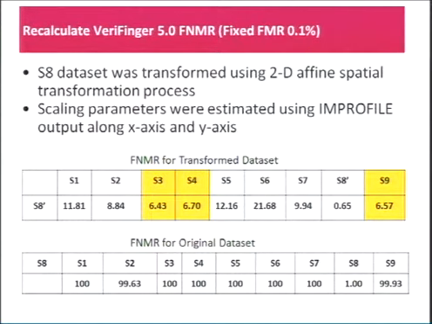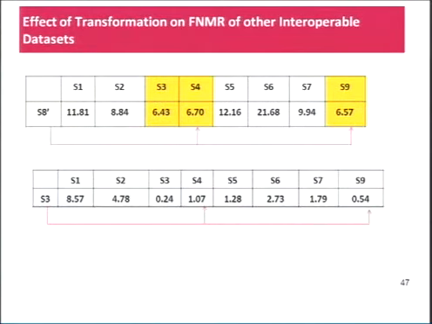The false non-match rate dropped dramatically from 100% for its original dataset to 6.43, as you can see in the table with the yellow boxes. So the S8 prime and S3 dataset actually showed quite a reduction, but the S8 prime dataset also showed a reduction in false non-match rates with the S4 and S9 dataset, which was pretty dramatic.